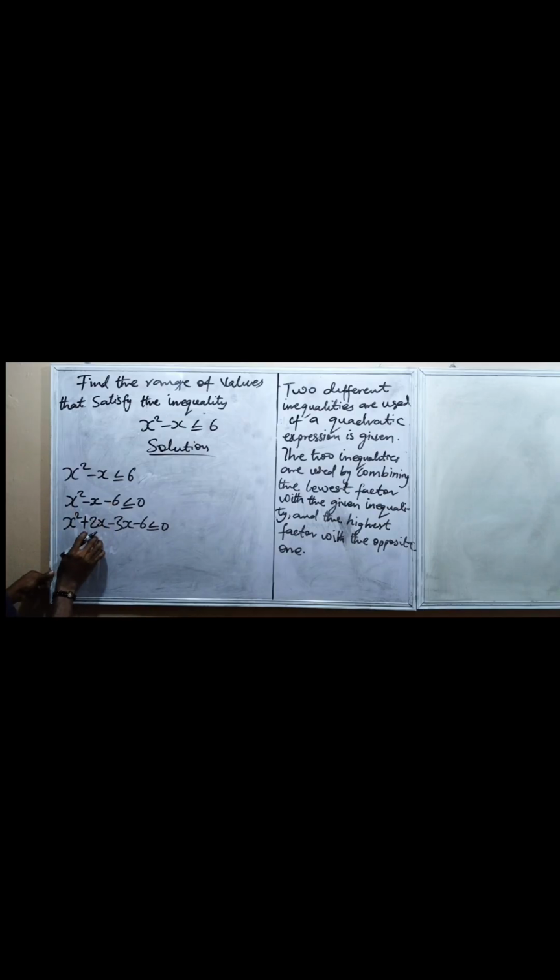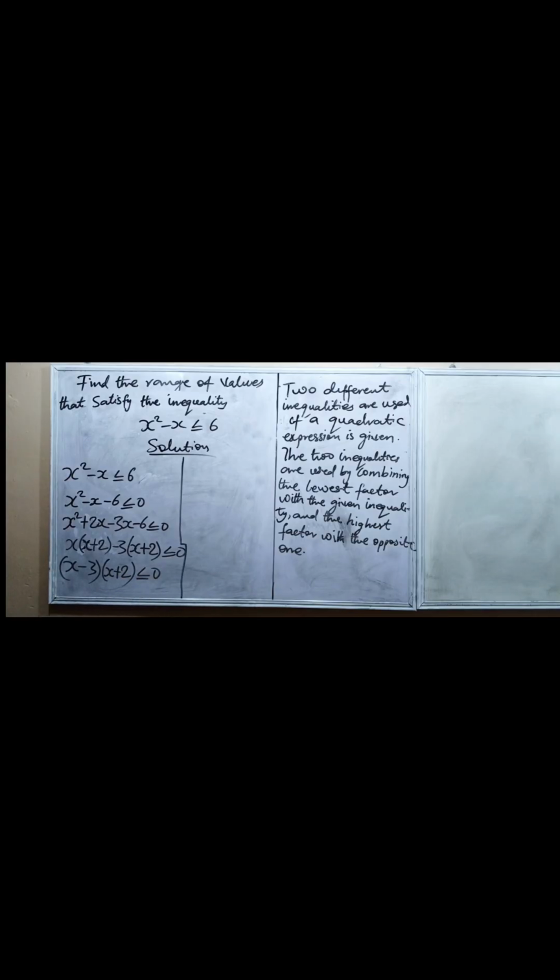So we factor: x into x plus 2, and minus 3 into x plus 2, is less than or equal to 0. So the two factors now are x minus 3 and x plus 2, and their product is less than or equal to 0.